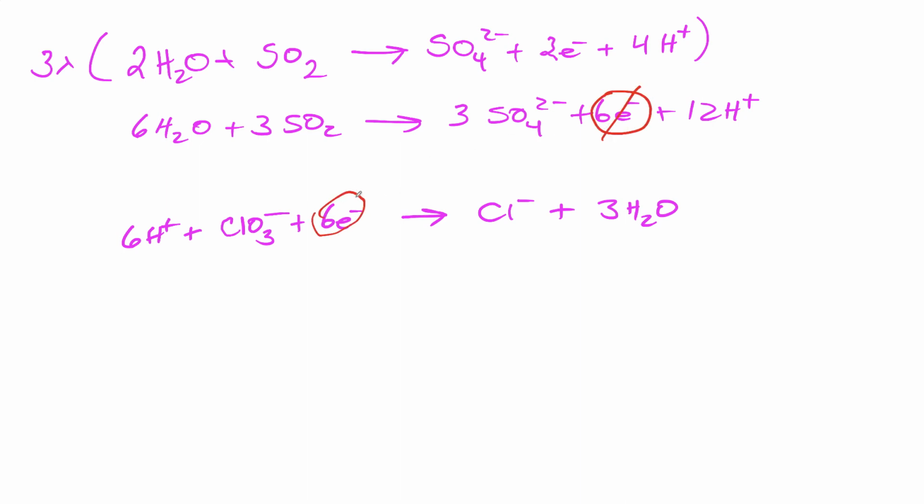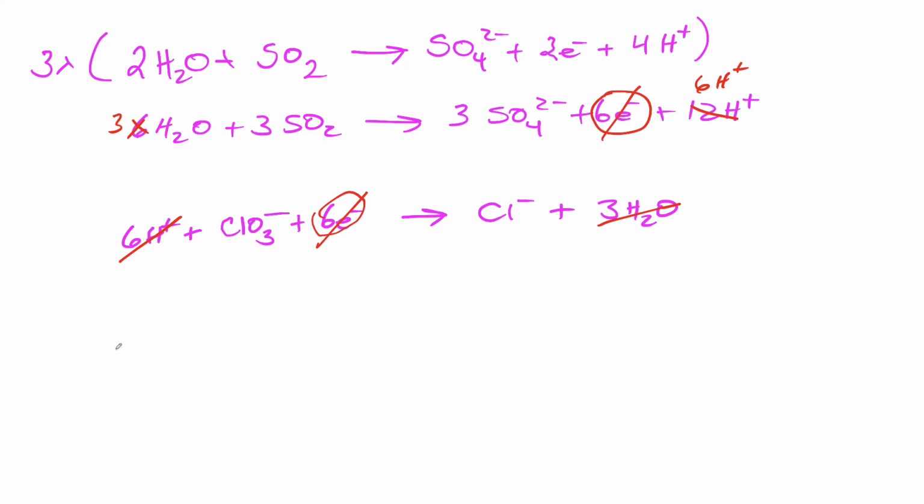I can cancel those out. I have 12 protons on the top here, 6 on the bottom, on separate sides of the arrow. These 6 are eliminated, and then this becomes 6H plus. See how that works? I can only eliminate as many as I have on both sides. If I have extra, that leaves the remainder up here. 3H2O on the bottom becomes 3.